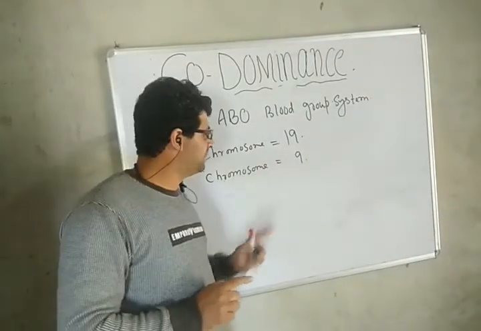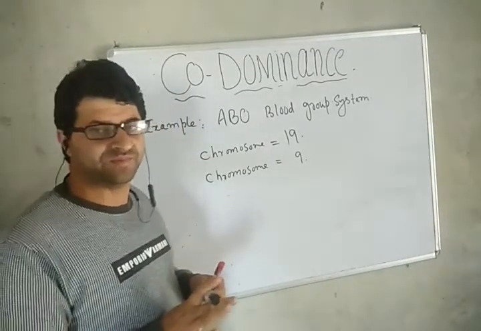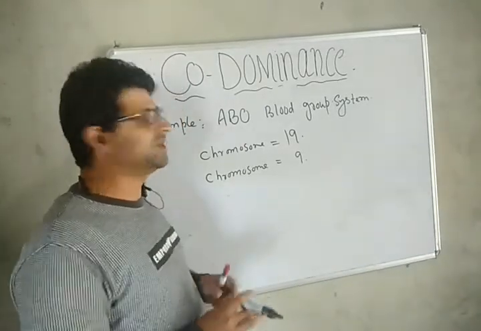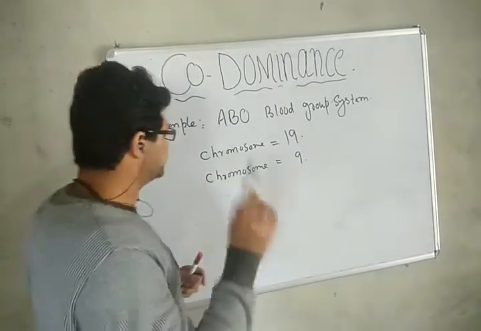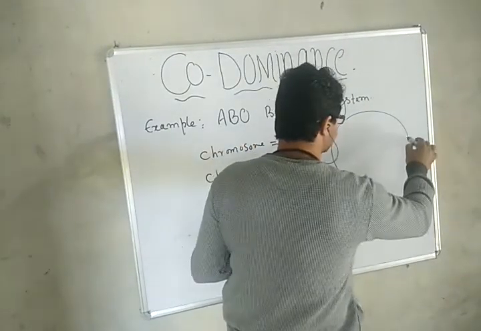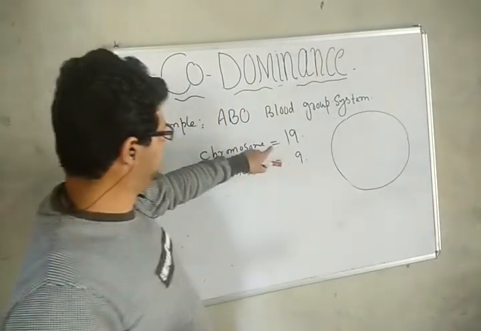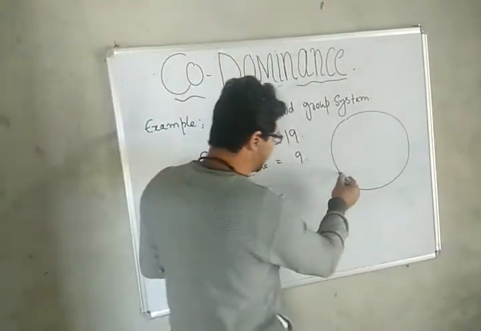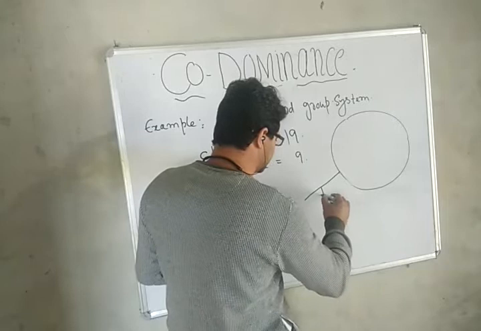As far as chromosome number 19 is concerned, in the RBCs of human beings it is making a special kind of substance. That substance is called H substance. Say for example, if this is an RBC, the gene present on chromosome number 19 is making a special kind of substance over it.